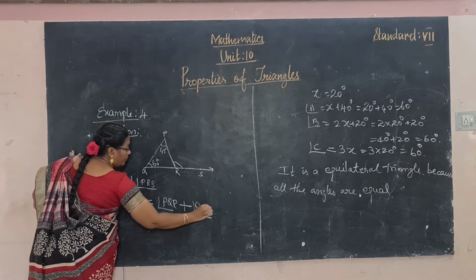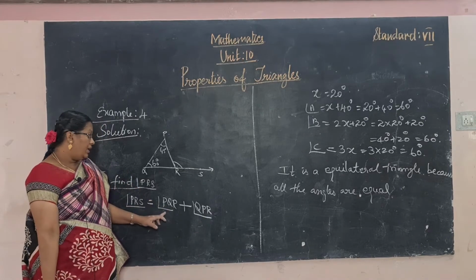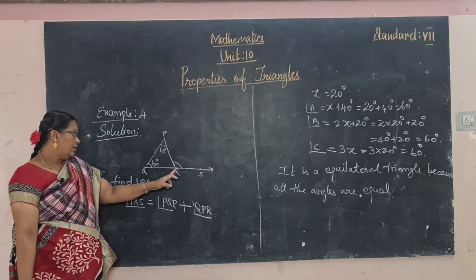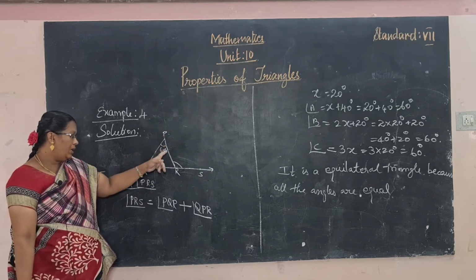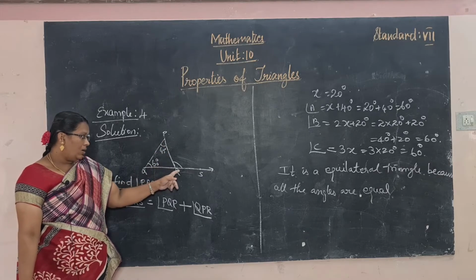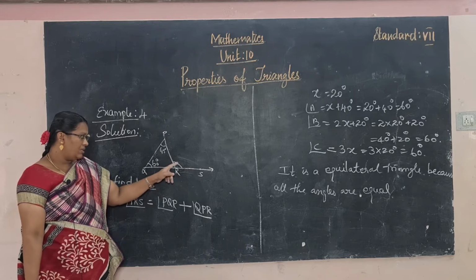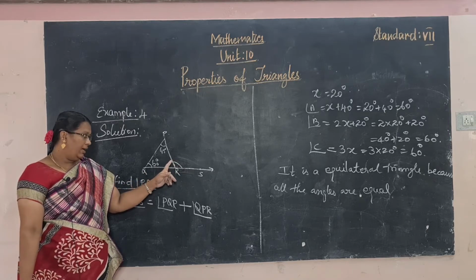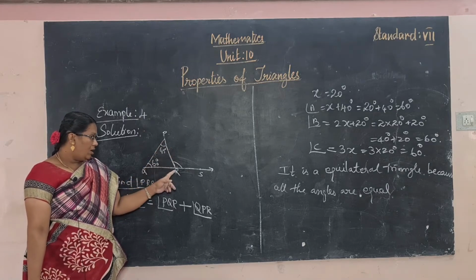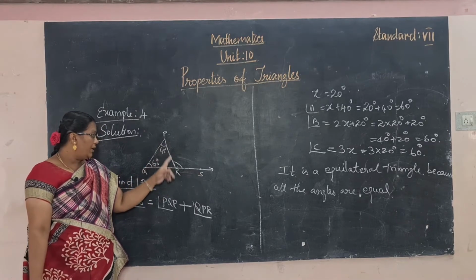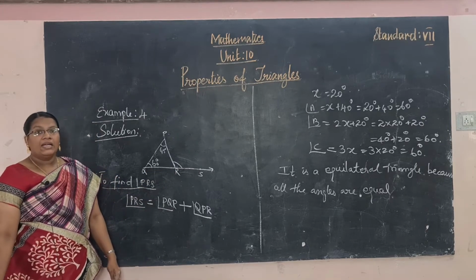Do you understand how to name the angles? The first one is angle Q, here the angle is P, and this is the angle R. Here it is not only angle R, because there are two linear adjacent angles: PRS is one angle and PRQ is the other adjacent angle.